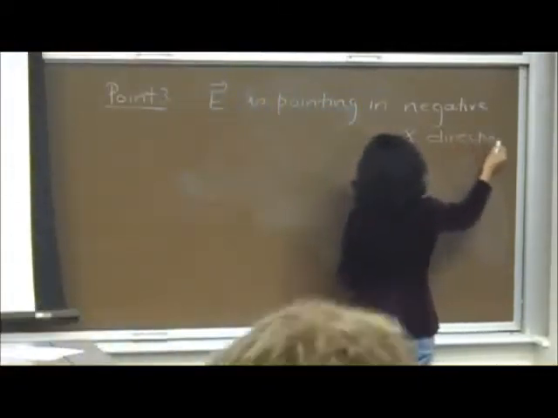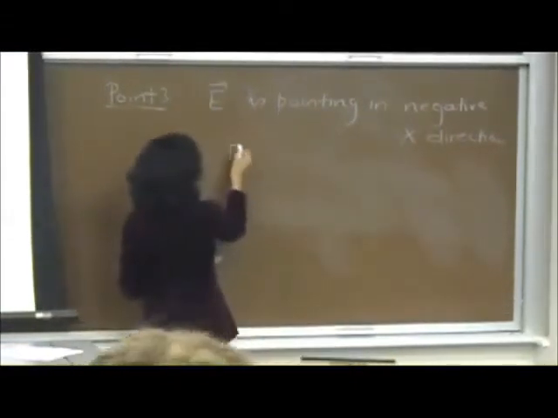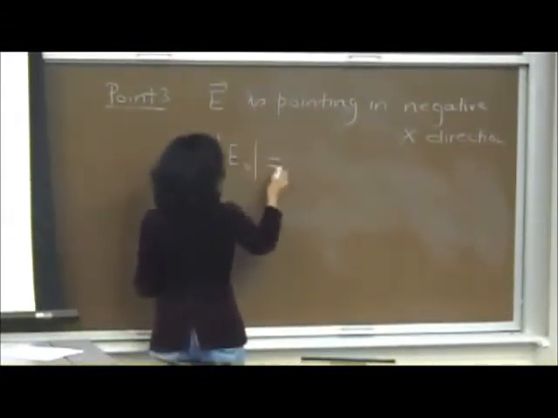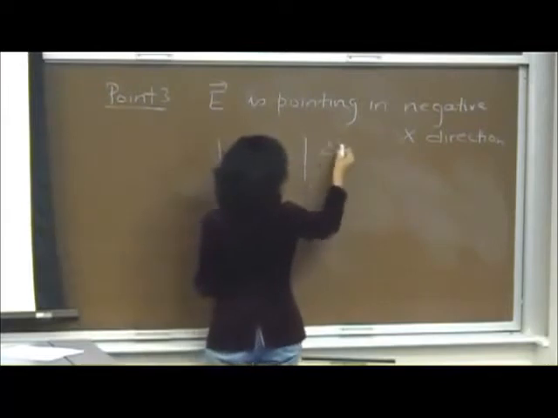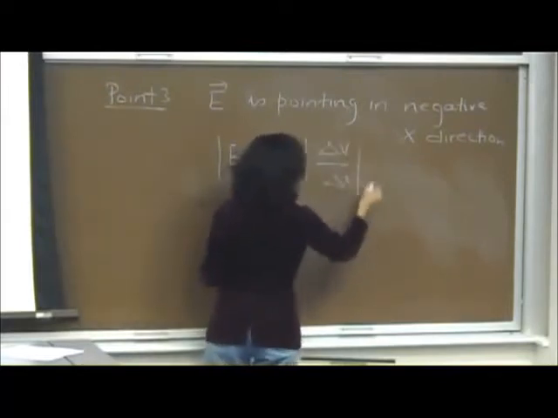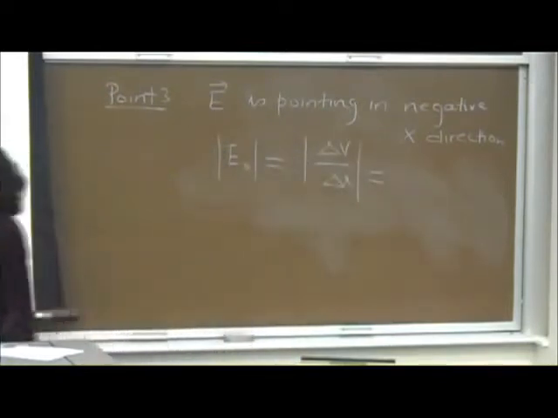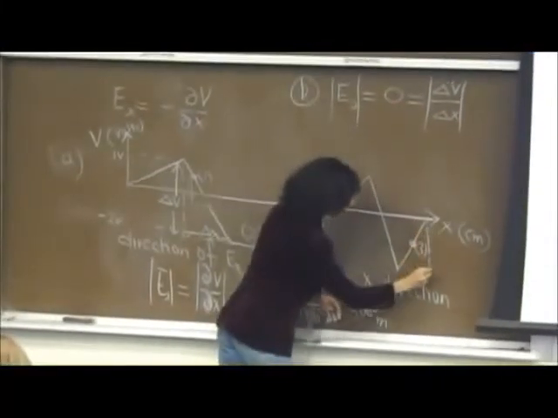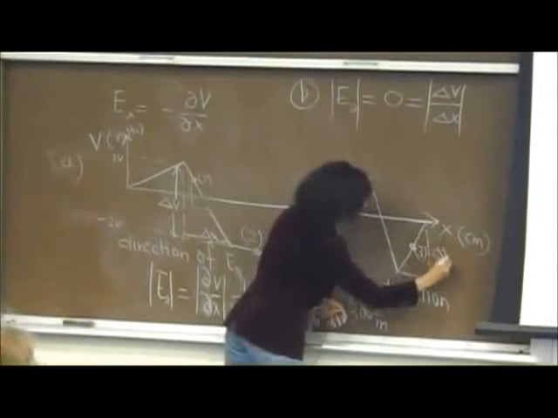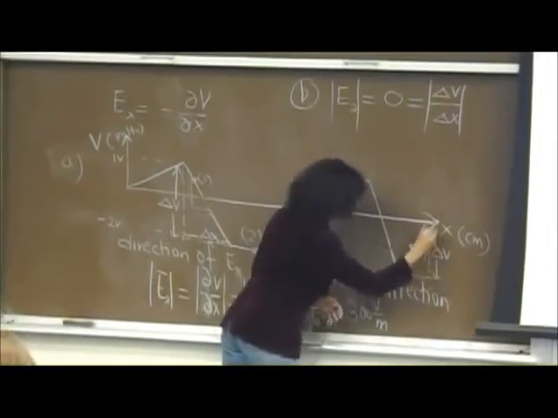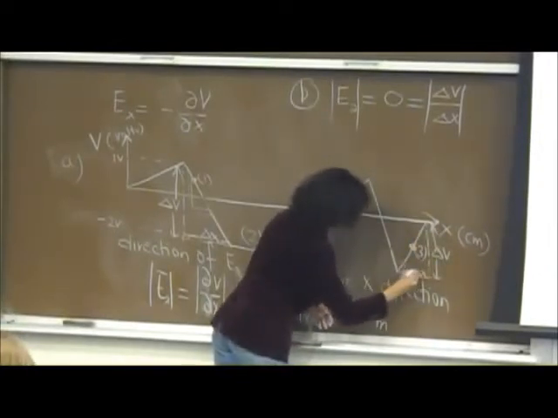And what about its magnitude? So its magnitude will be delta V over delta X. And again, can we easily find it? All we have to do to find the magnitude is again to look at what is this delta V from here to here, what is delta X?